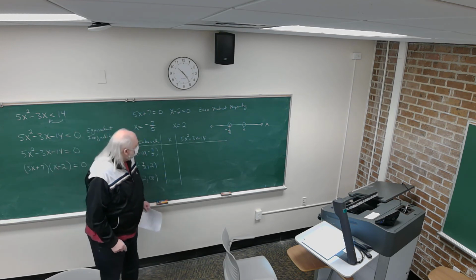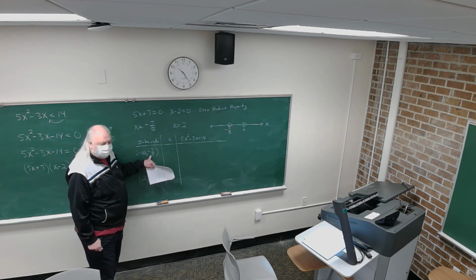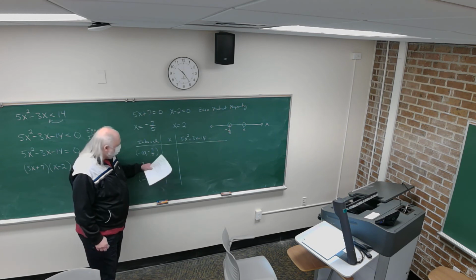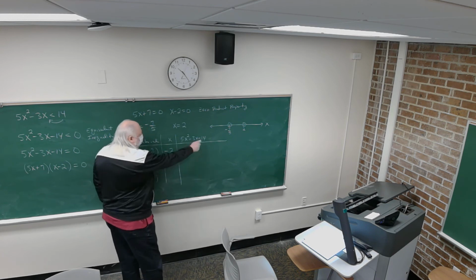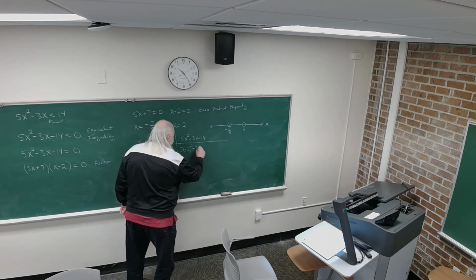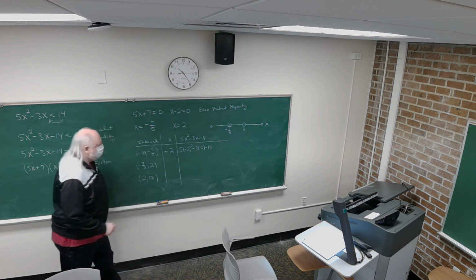So in my first interval, minus infinity to minus 7/5, you can use any number. Try to use a number that is easy to work with. I use minus 2. And so when I put in minus 2 for x, I have 5 times minus 2 squared, minus 3 times minus 2, minus 14.